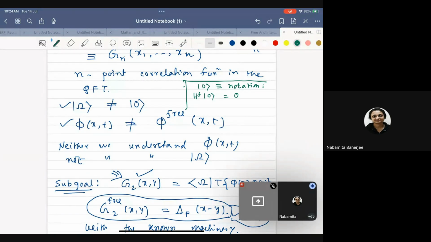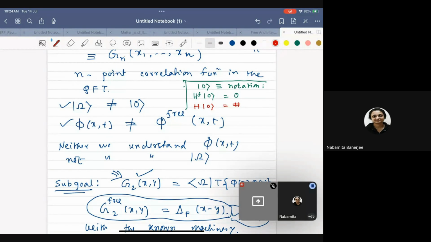Do you remember, in our Klein-Gordon theory, we saw that the vacuum has 0 energy. Now your theory has changed. Your theory does not have H_F as the energy operator. The energy operator is H. So you can definitely take H and act on 0. It would be some state.